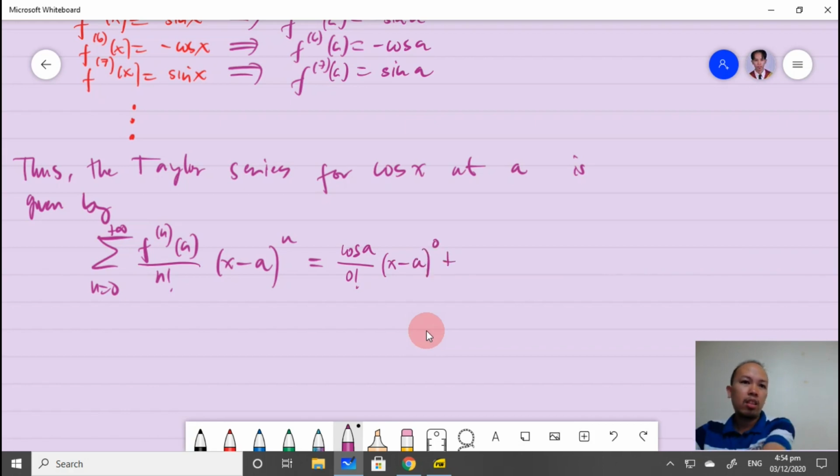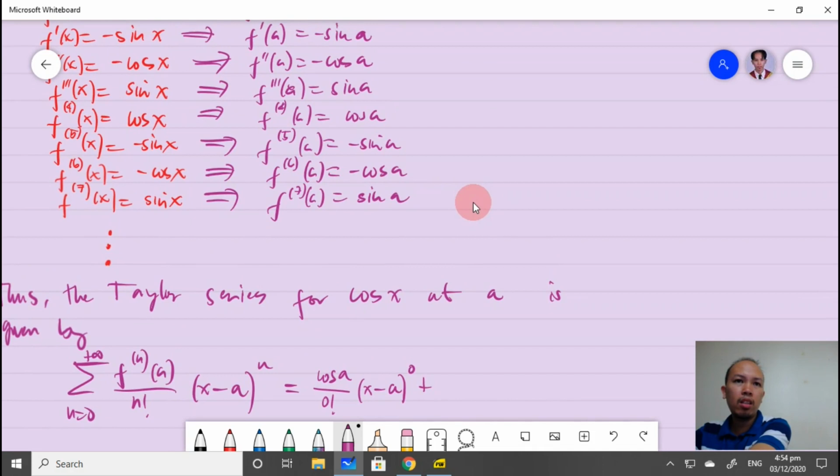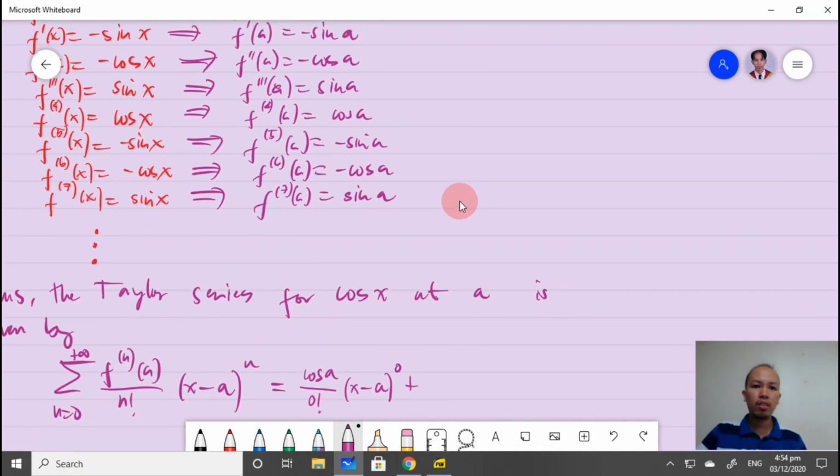The first derivative here is negative sine a over 1 factorial times x minus a to the power of 1. The third term is again negative: negative cosine a over 2 factorial times x minus a to the power of 2.